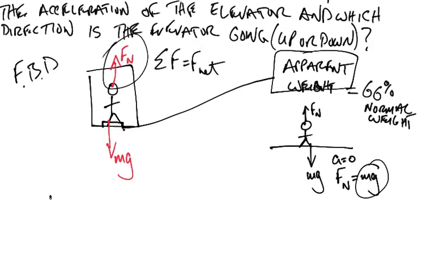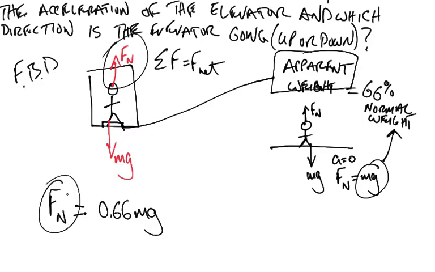So in this elevator, the normal force is equal to 0.66 of their normal weight. You see, because mg is their normal weight, and 66% of that, you just multiply by 0.66, and that is their apparent weight. And apparent weight is Fn.